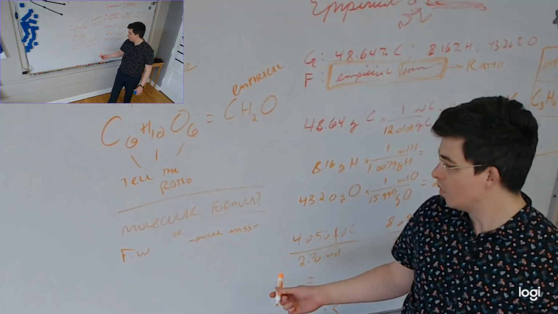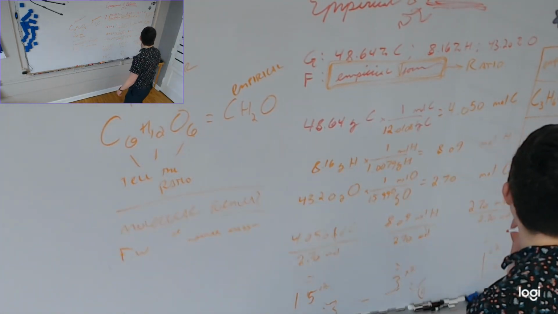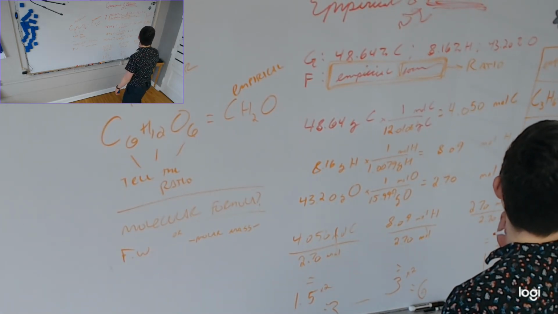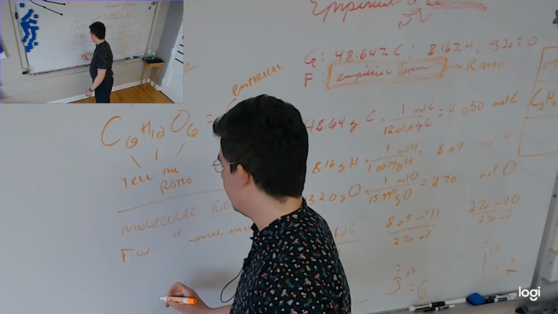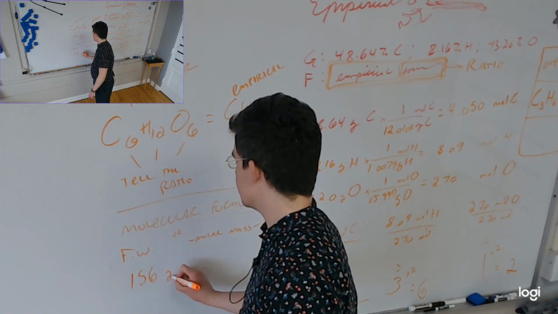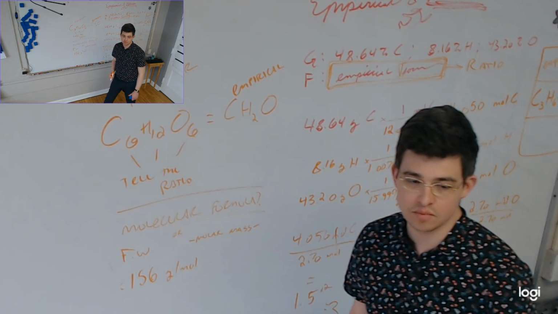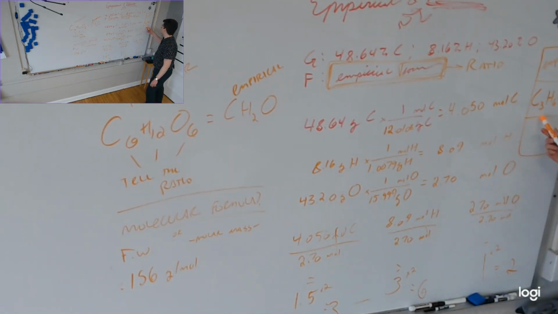If it gives us the molar mass, for instance, say it told us the formula weight of this was 156 grams per mole, and said find the molecular formula, what we do is find the molar mass of our formula.